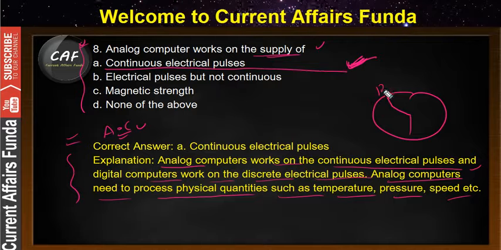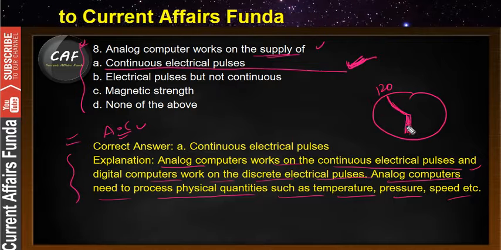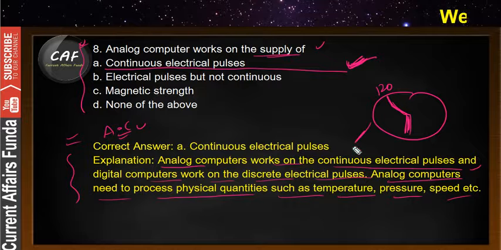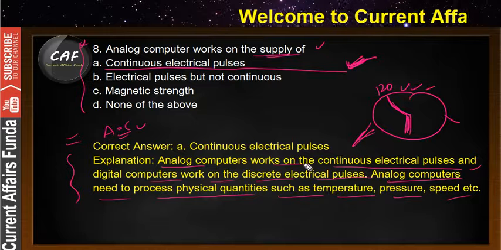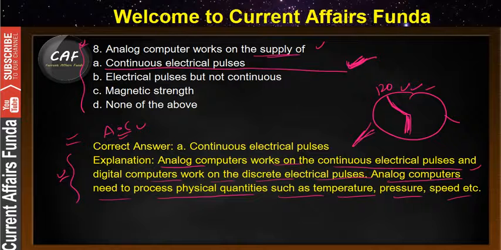Suppose your speed is 120, that means it is converting your speed into computer format. That means this is an example of an analog computer. Okay, if you are writing it down, then the speedometer is an example of an analog computer. Okay, so guys, keep writing down this theory from here.